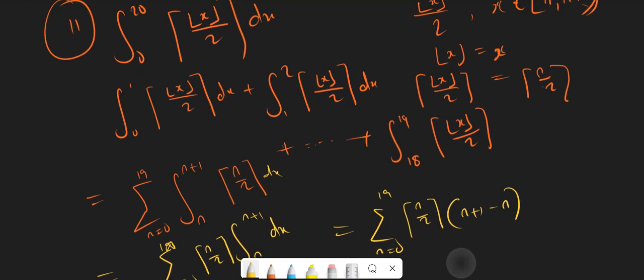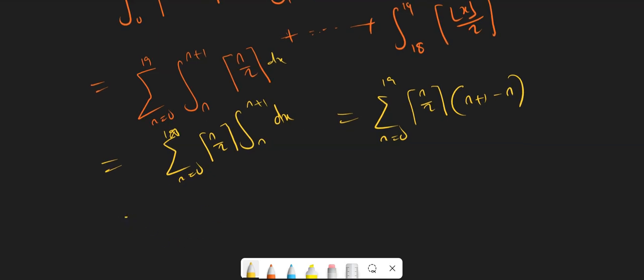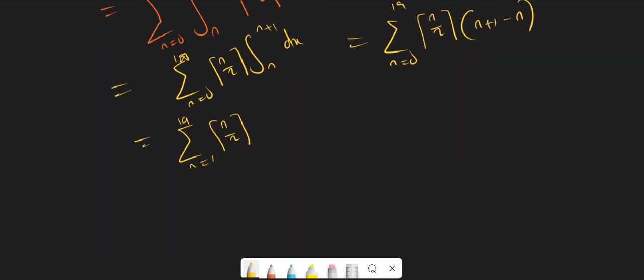At here we're just going to have to compute the sum, as n runs from 1 to 19, of the ceiling of n over 2. If we compute this, we're going to get our final answer. Now if you sum this, n is running from 0.